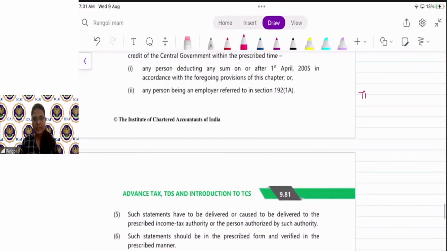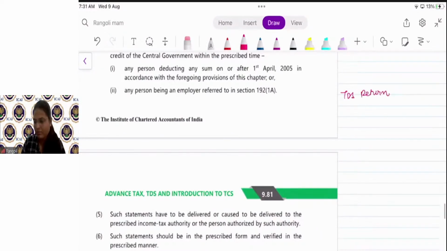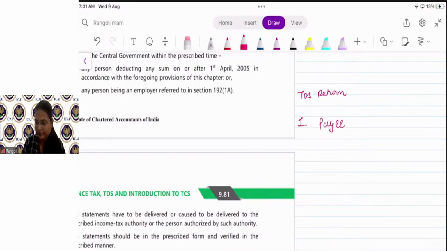In the TDS return, you need to provide the details of the payee: name of payee, PAN, right? The section under which TDS is deducted, the amount of service rendered, and the amount of TDS.